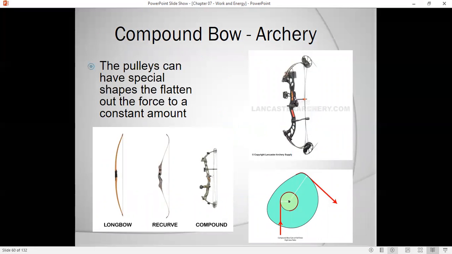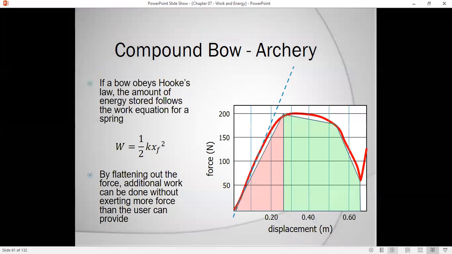And again, it does this through these specialty pulleys. You can see these cams right here, which actually rotate and vary the force. And this gives the bow the ability to keep the force fairly constant as you displace the bowstring backwards. So you never have to exceed more than a certain set amount of force.